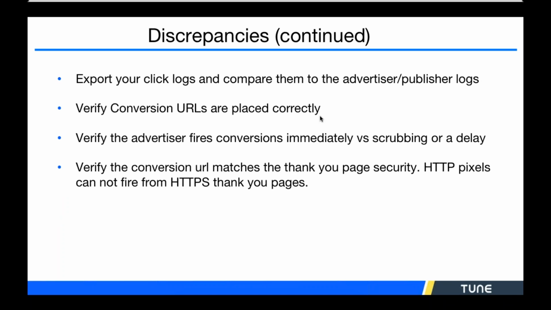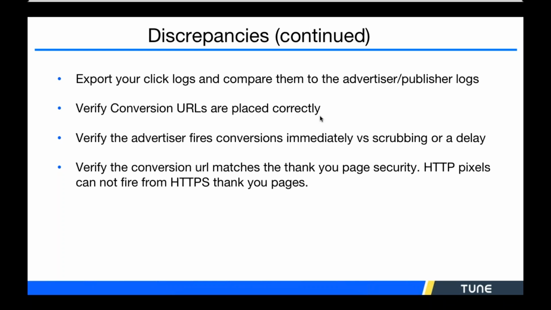If you need to provide data to your advertiser partner, you can export your click logs, and you can do so via that event tracer report, again, by choosing clicks and then using the export option. Now, I recommend being the data holder.